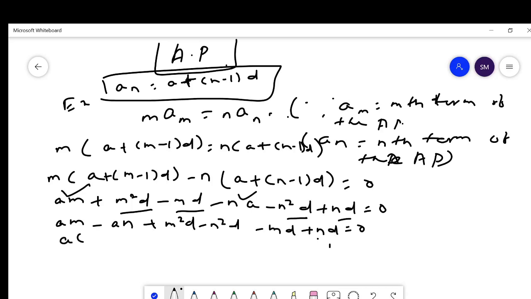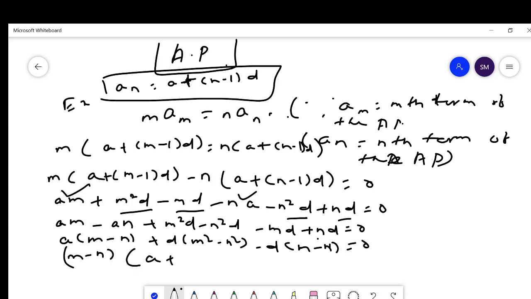Here taking a common, this is m minus n, and taking d common, this is m square minus n square. Taking minus d common, this is m minus n, is equal to 0. Then take m minus n common: a plus d into m plus n minus 1 is equal to 0.